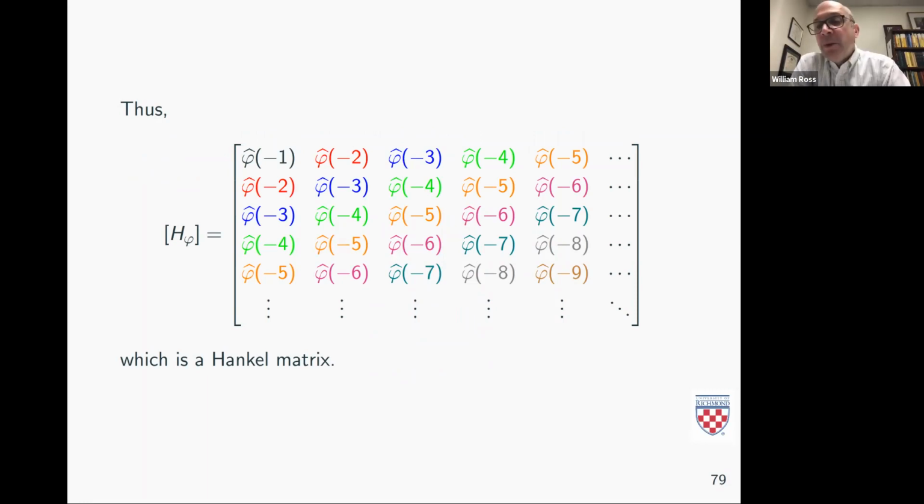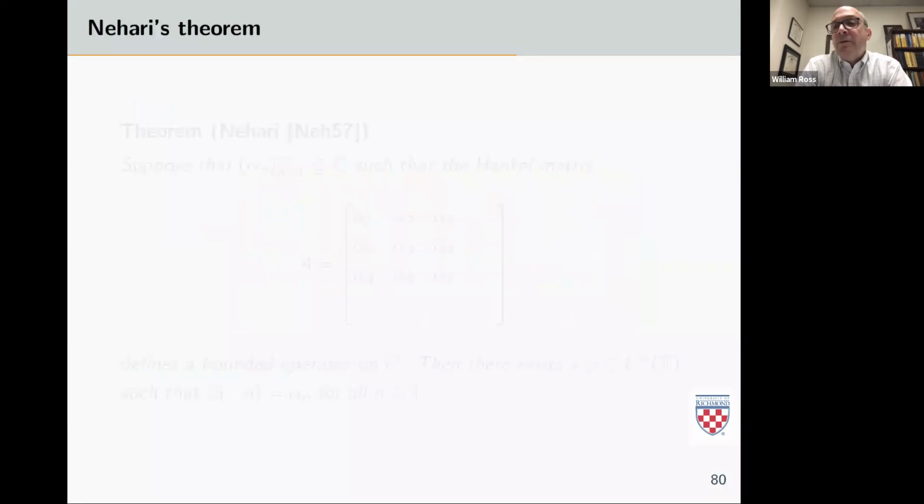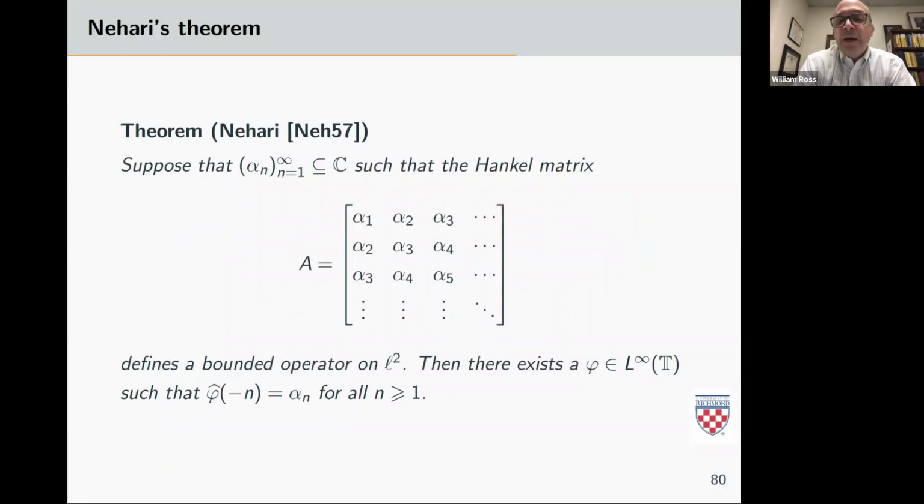Okay, so as with Toeplitz matrices, both doubly infinite and singly infinite Toeplitz matrices, you want to know, is the converse true? So if you write down a Hankel matrix, is it a bounded operator on L2?